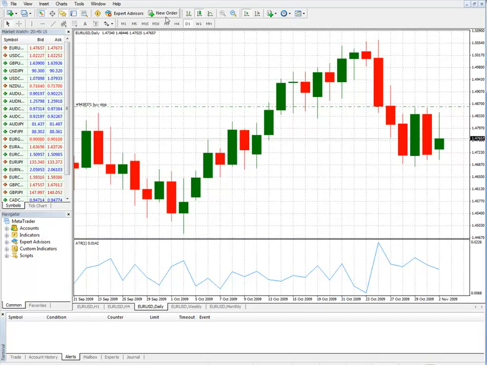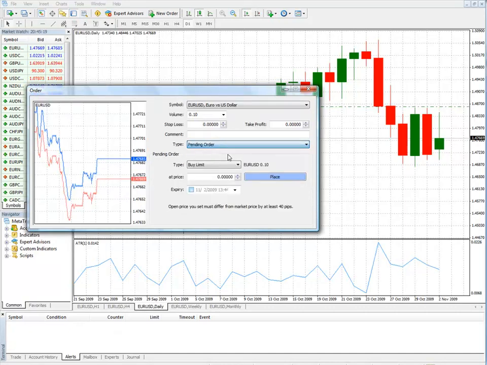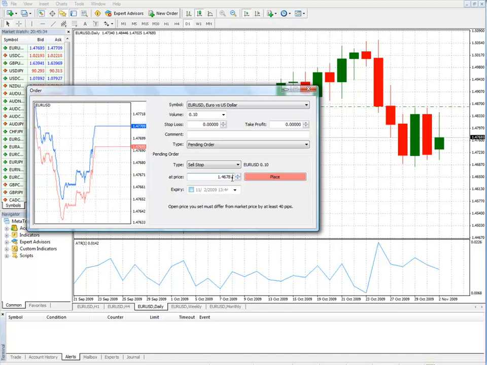Okay. Now we're going to place a sell stop at the price 1.46787. Okay. And I think the problem before was perhaps I was putting the sell stop price where the buy stop price should have been.